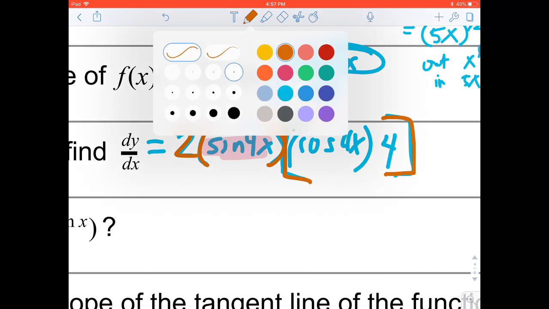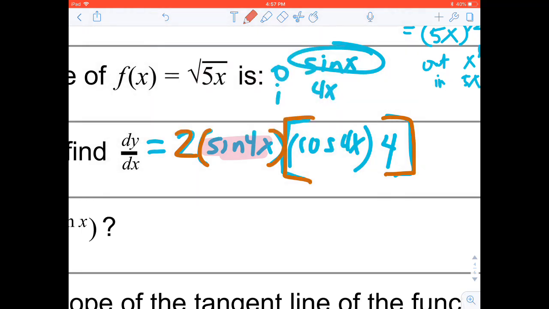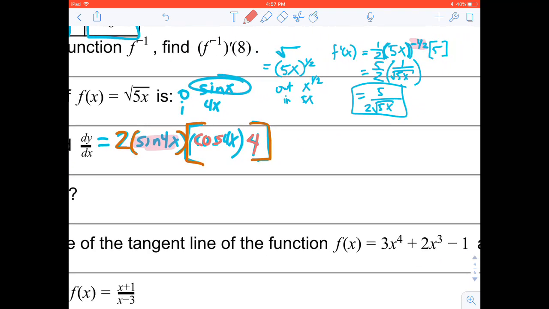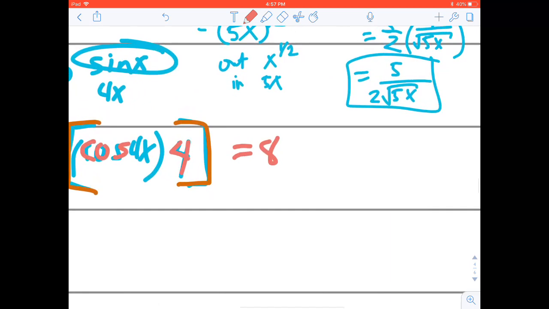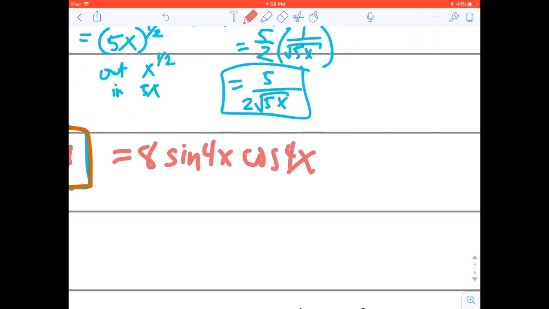And we had to do another chain rule here. This is the derivative of the outside, keeping the inside, times the derivative of the inside. So those are all the different parts. Since this is all just being multiplied together, I can do 2 times 4 is 8, and sine 4x, cosine 4x.